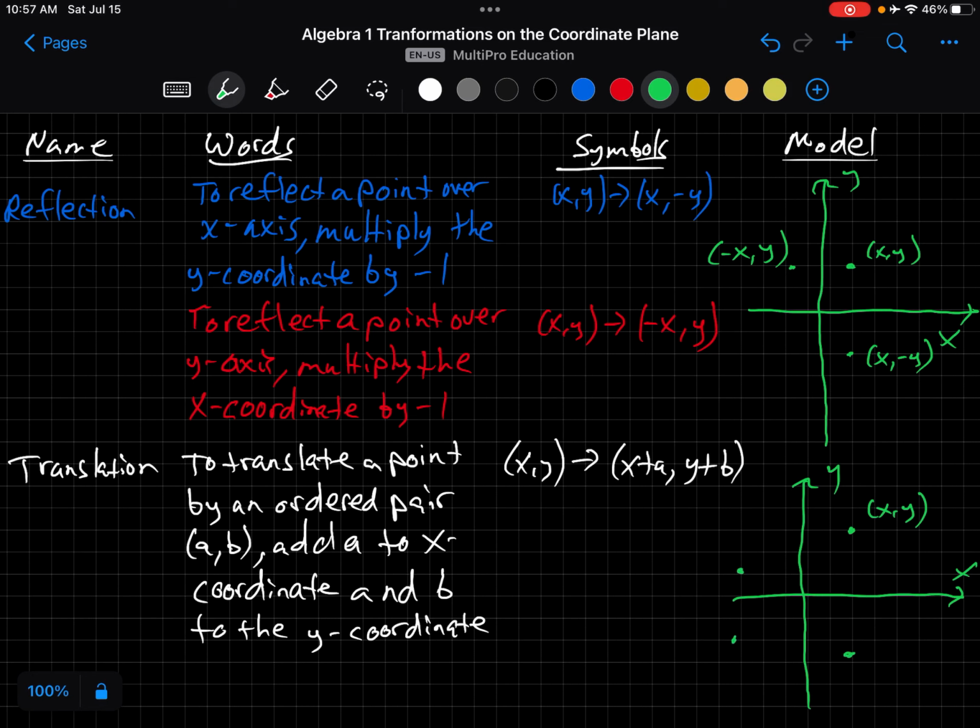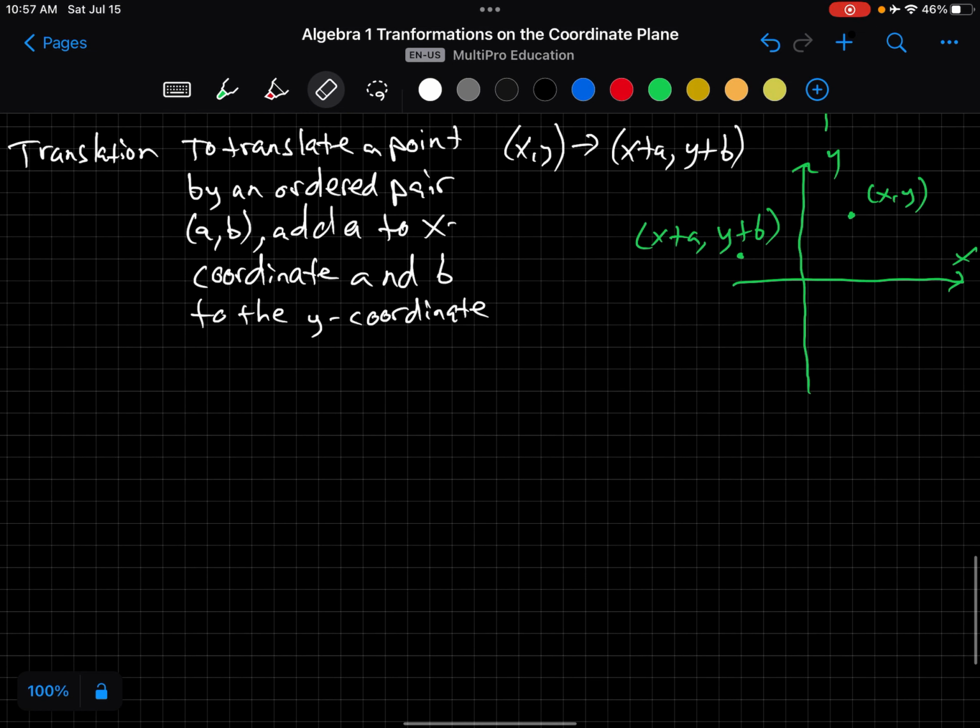It could be over here, it could be over here, it could be over here, we don't know. So this would be like X plus A and Y plus B, if we chose this point here, after we've added A to X and B to Y, and it ends up landing there. Okay, so let's keep going here with this table. All right, now we have dilation.